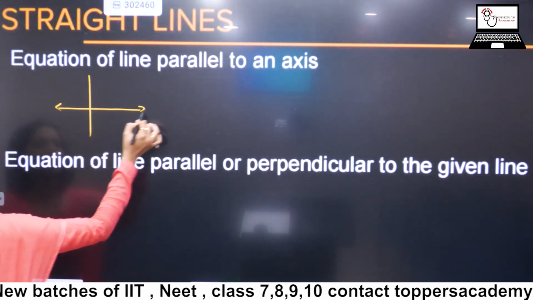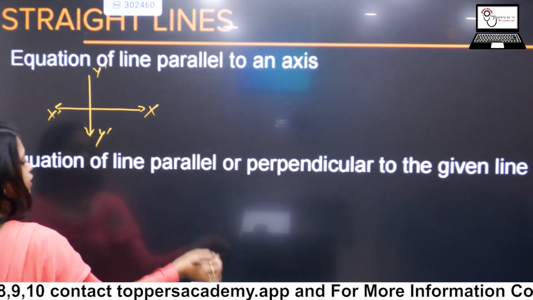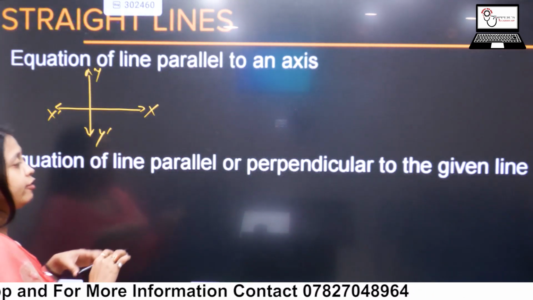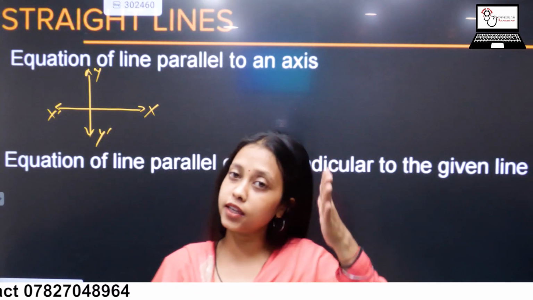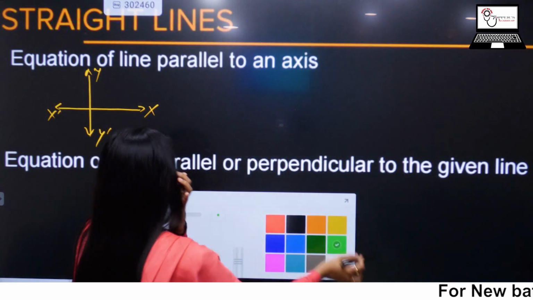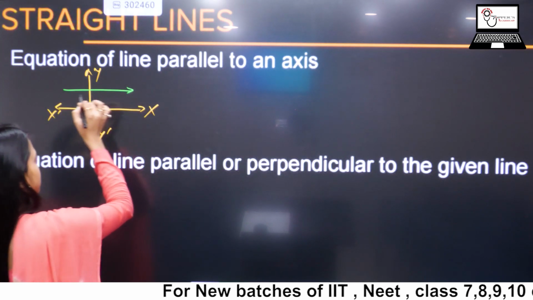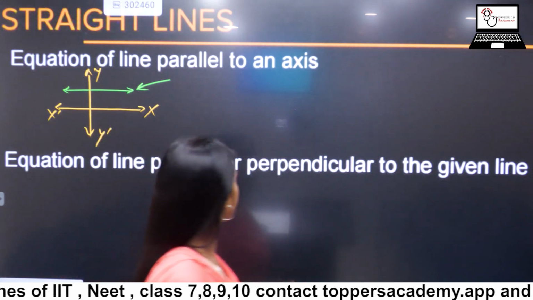This is your x-axis, y-axis, right? So if you are making any line which is parallel to either x-axis or y-axis, what if it is parallel to x-axis? You are looking for the equation of this line. What is the equation?